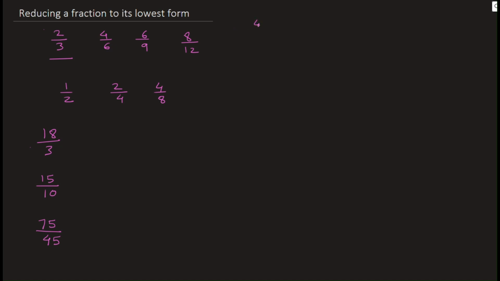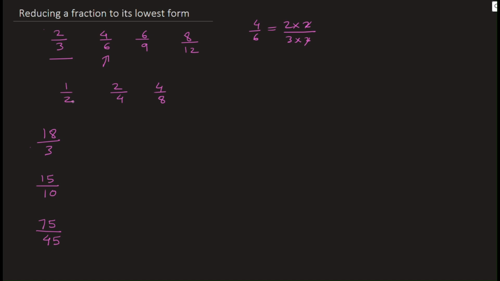So 4 over 6, I can write as 2 times 2 over 3 times 2, and this common factor 2 gets cancelled out and I have again 2 over 3. So this same fraction 2 over 3 can be written as 4 over 6. It is also 6 over 9, because 6 over 9 can be reduced to 2 over 3, where the common factor in the numerator and the denominator is 3. And here 8 over 12 is the same as 2 over 3 and the common factor is 4, because 2 times 4 equals 8 and 3 times 4 equals 12.